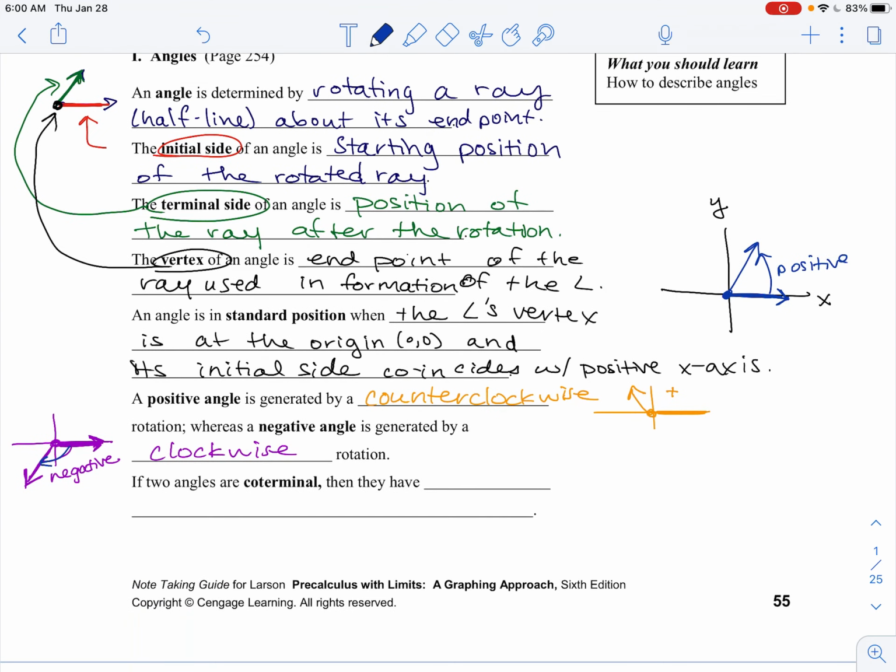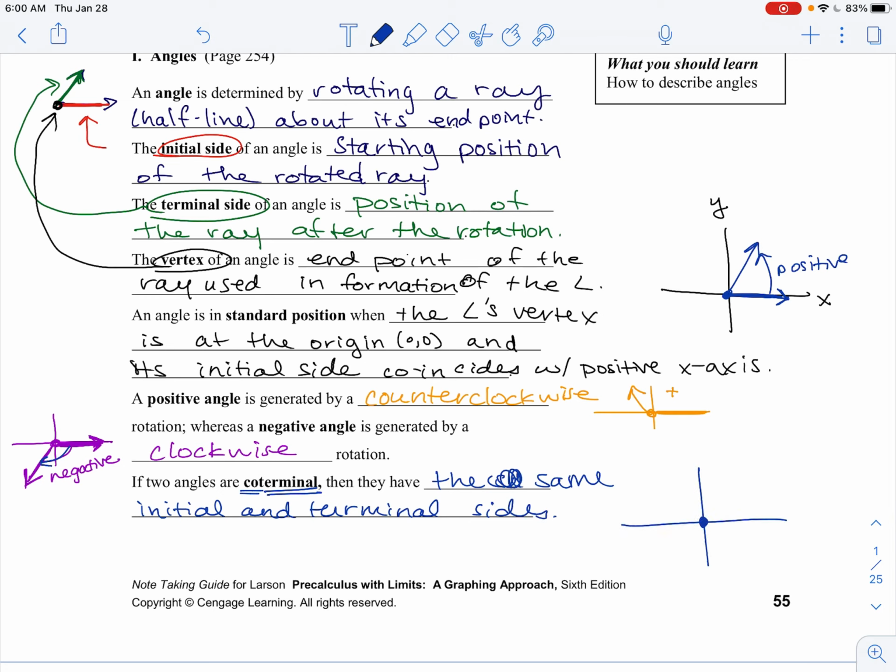If two angles are coterminal, they share the same initial and terminal sides. Okay, so here's an example of that.